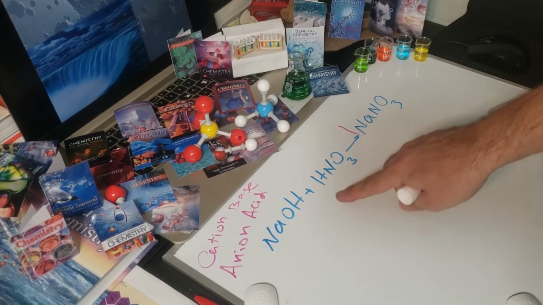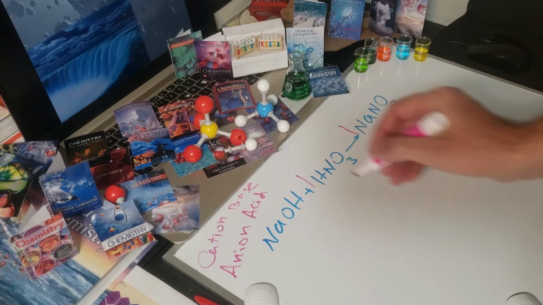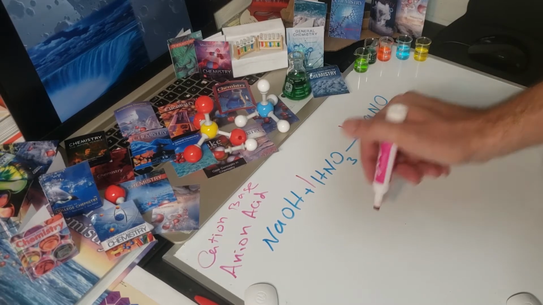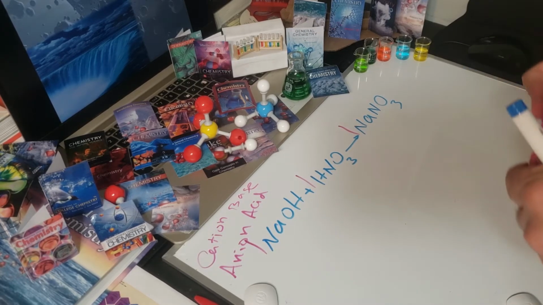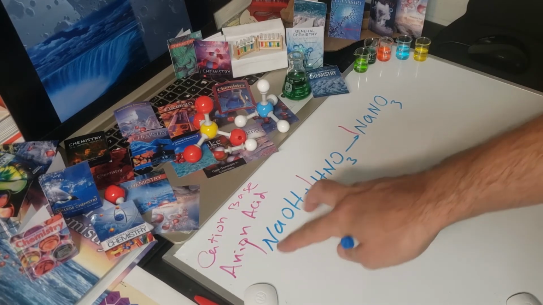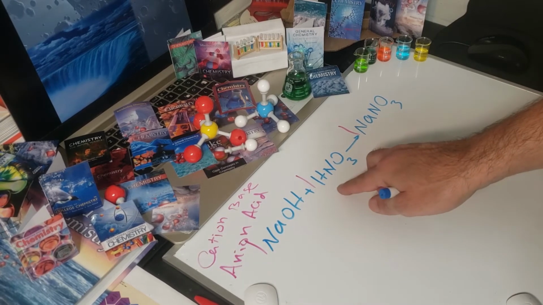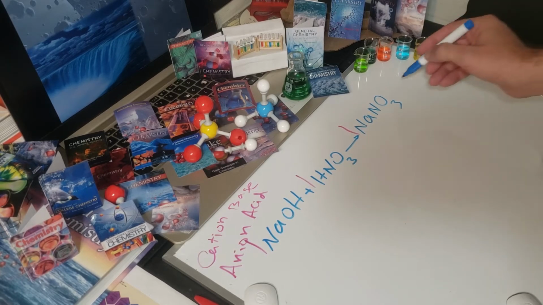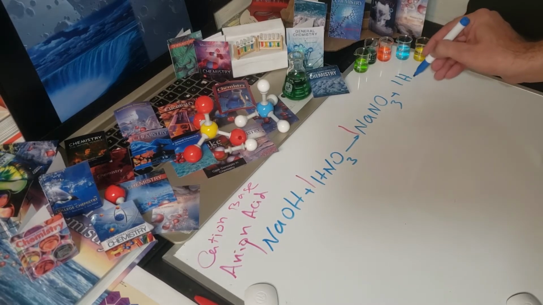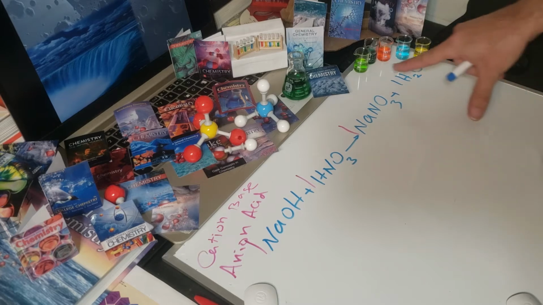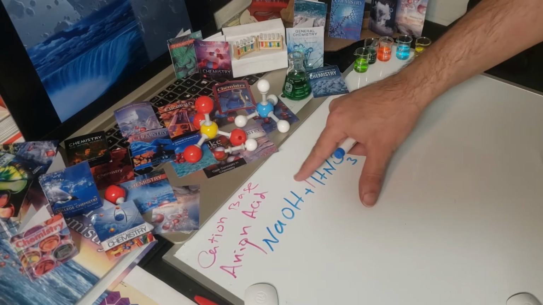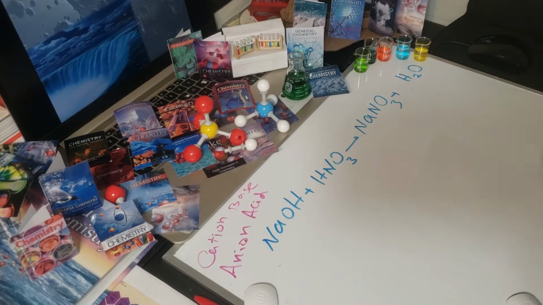If I have 1 nitrate, so 1 HNO3, and 1 sodium, also 1 sodium here. Then you can see how many OH minuses you have: 1 OH minus and 1 H plus gives you 1 H2O. That is the overall reaction. I can get rid of these 1 coefficients because it's balanced. We know that it's balanced.